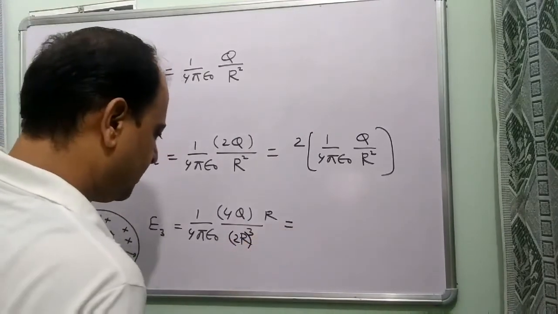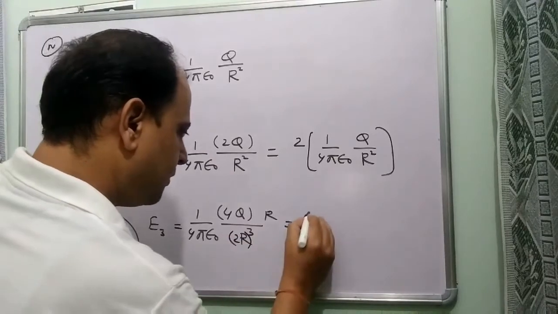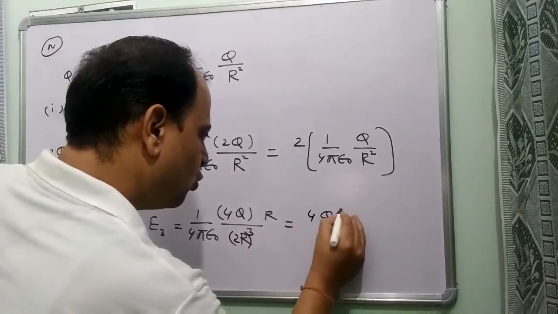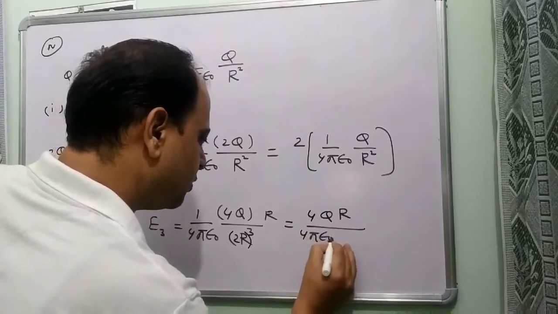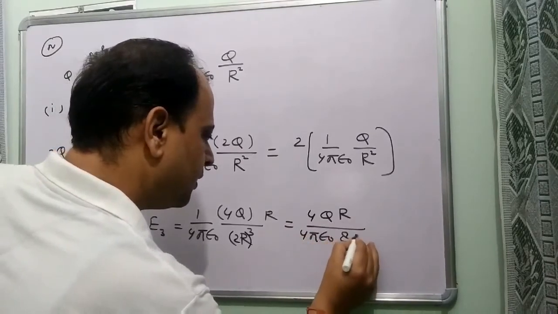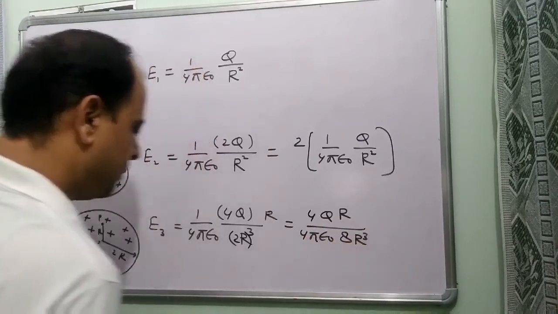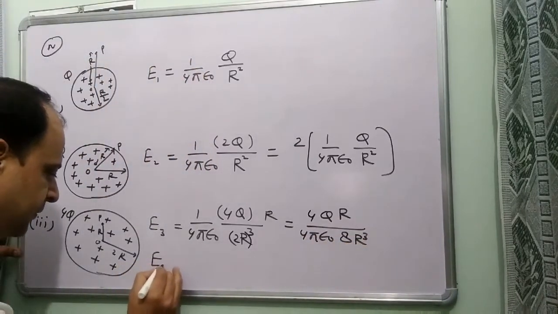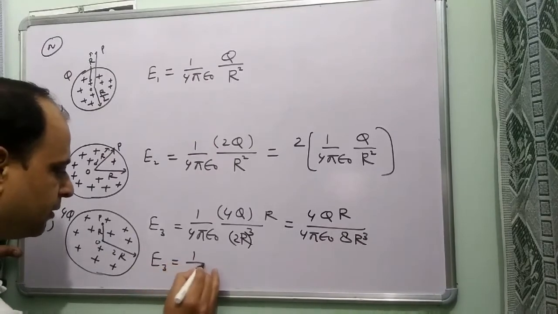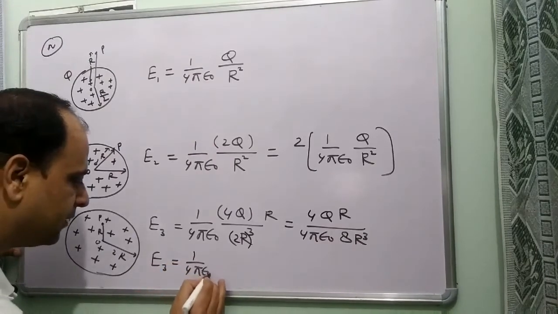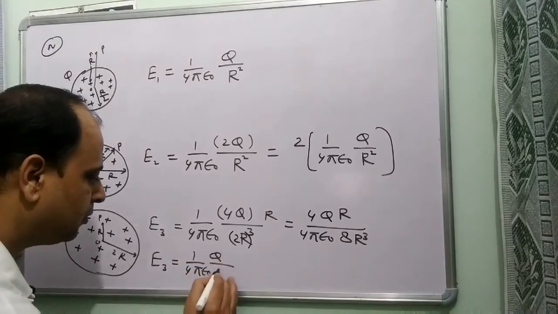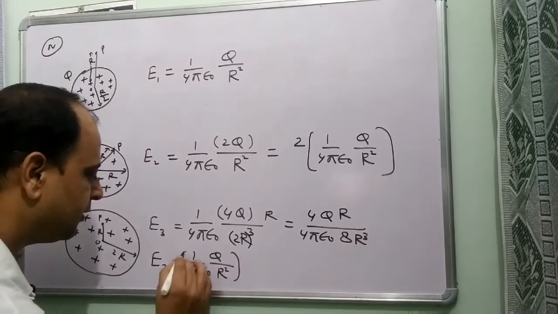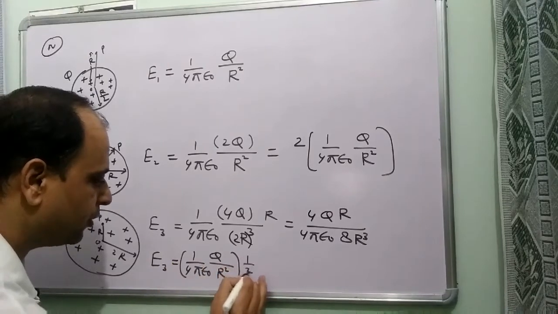Then 4QR upon 4 pi epsilon 0 8R cube. Now the final E3 is 1 upon 4 pi epsilon 0 Q upon R square times 1 upon 2.